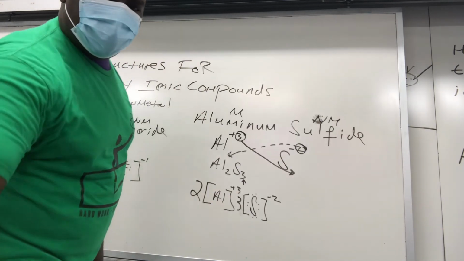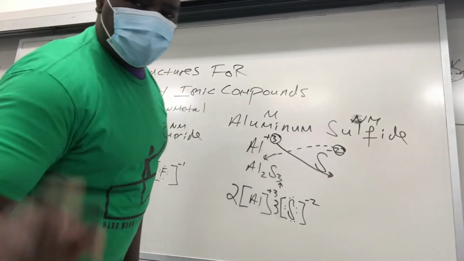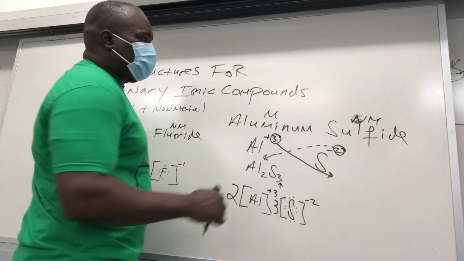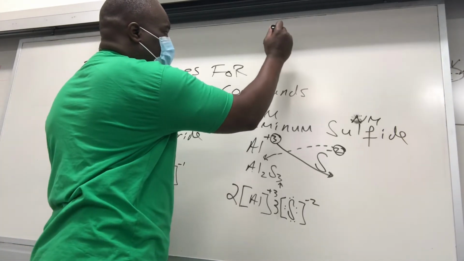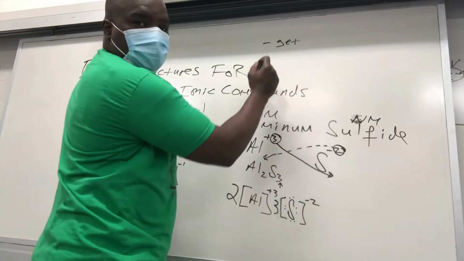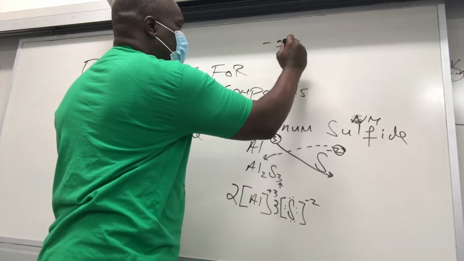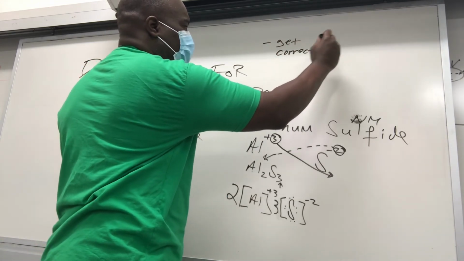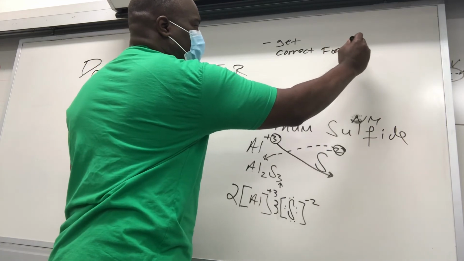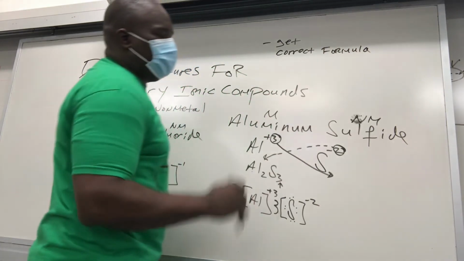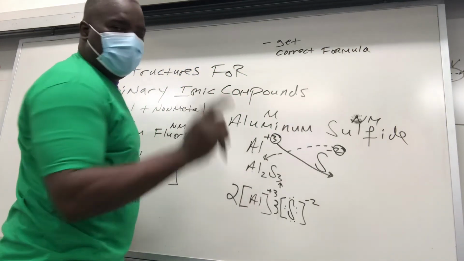So dot structures, guys, are very, very easy for ionic compounds. So what are the steps? Step number 1 is get your correct formula, if they give you the name. Sometimes they give you the formula, no problem, but if they give you the name, you have to get the correct formula.